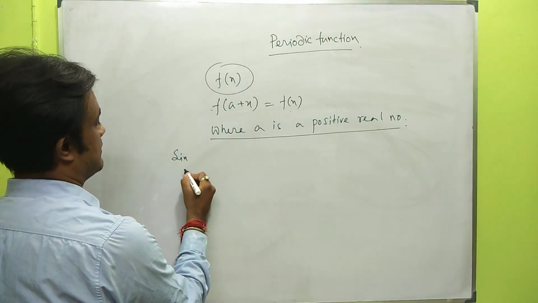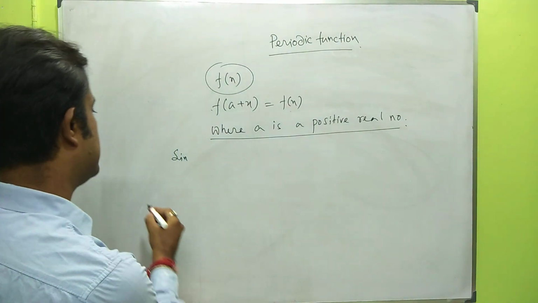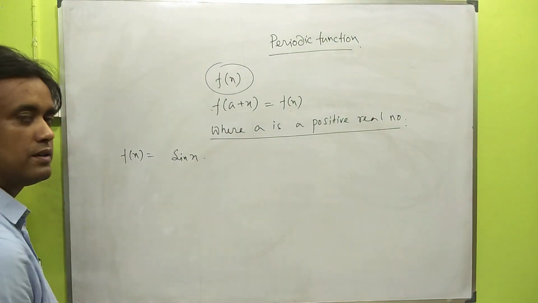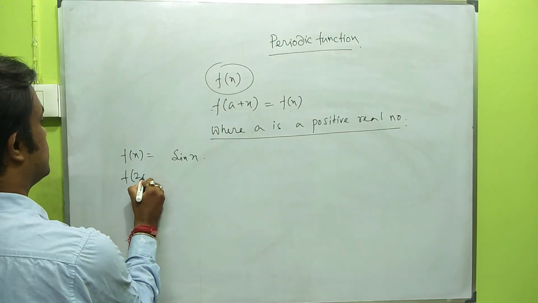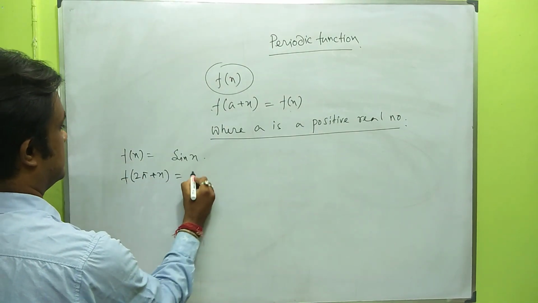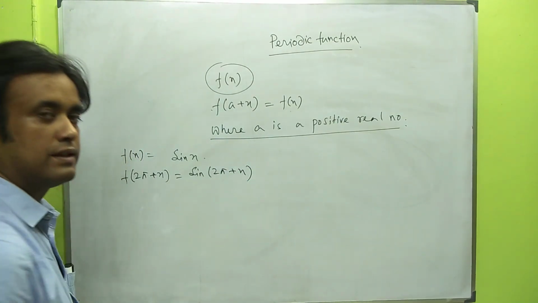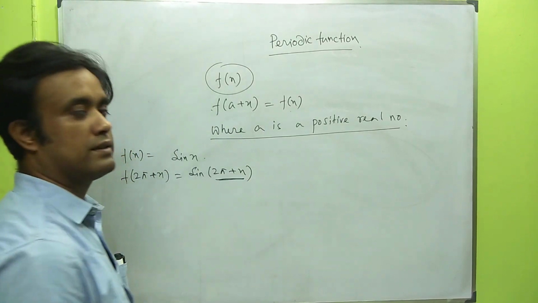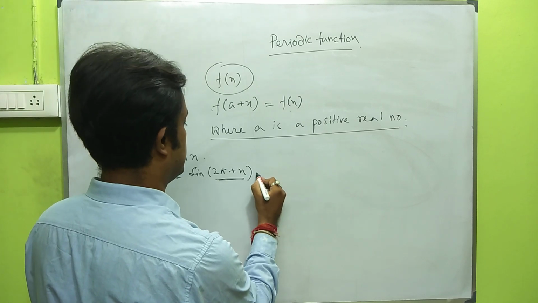Now we explain the characteristic of sin x. Suppose f(x) is equal to sin x. Now f of 2 pi plus x, that is sin of 2 pi plus x, has an angle in the first quadrant where x belongs to 0 to pi by 2.